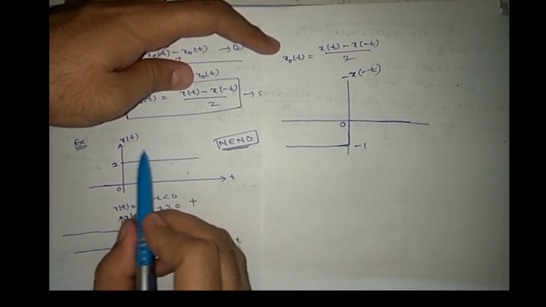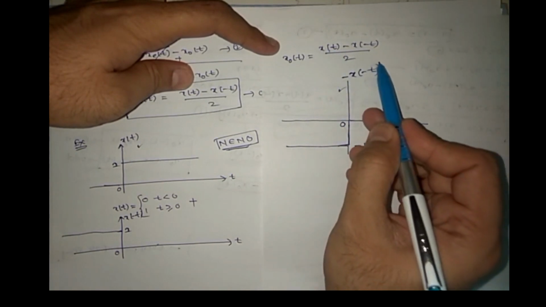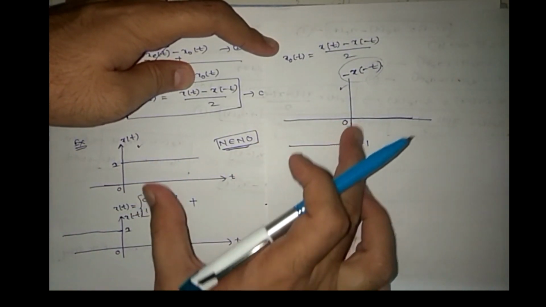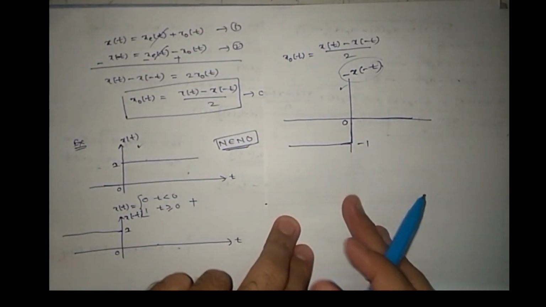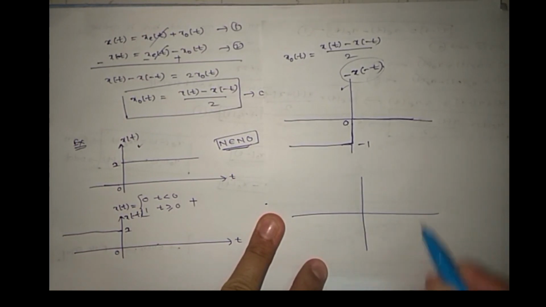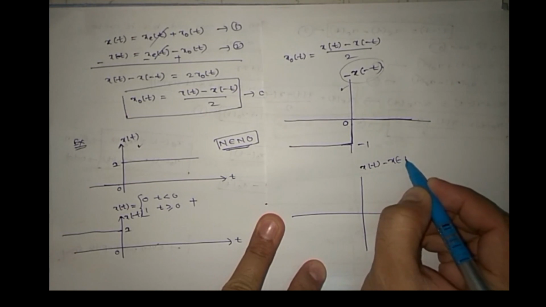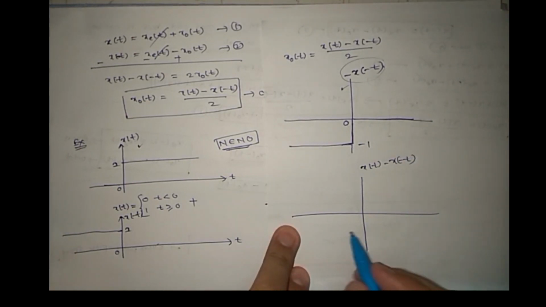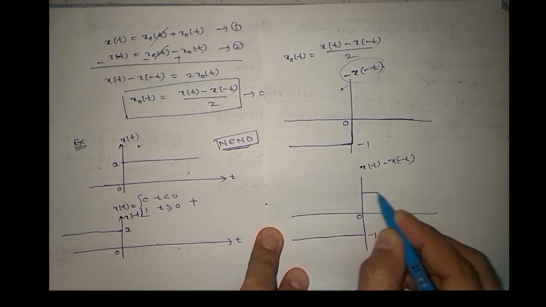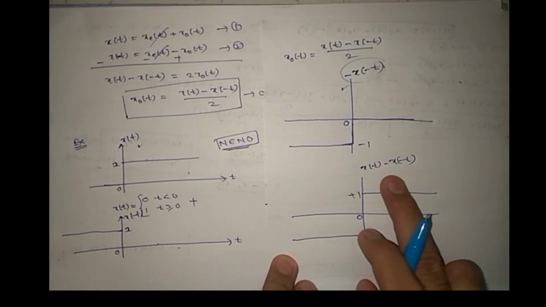Now indirectly, for x of t minus x of minus t, we need to add these two signals. So if you add, what will come? x of t minus x of minus t. It will be minus 1 and it will be plus 1. Still not over, we need to divide by 2.